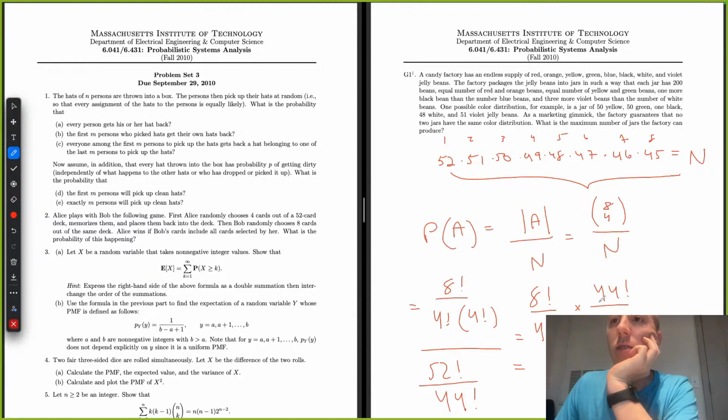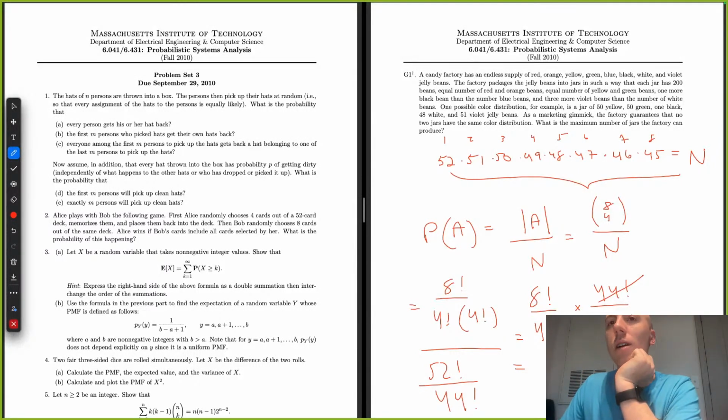okay, so these all cancel out here. Well, we just wrote it like this. I'm going to write kind of weird notation, but it's times 1 over 52 down to 45.